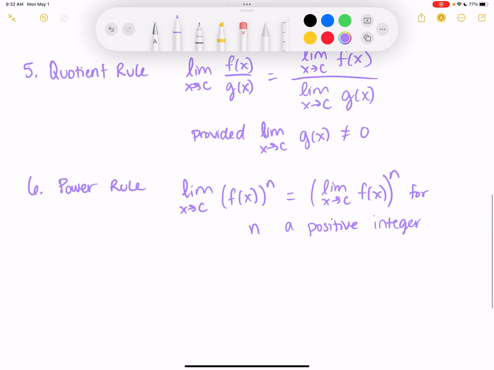All right, and then the last one of those is the root rule. I've written rule so many times I feel like it's spelled wrong now.